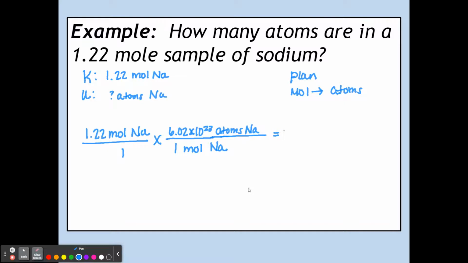After I multiply that out, I should get 7.34 times 10 to the 23rd atoms of sodium.